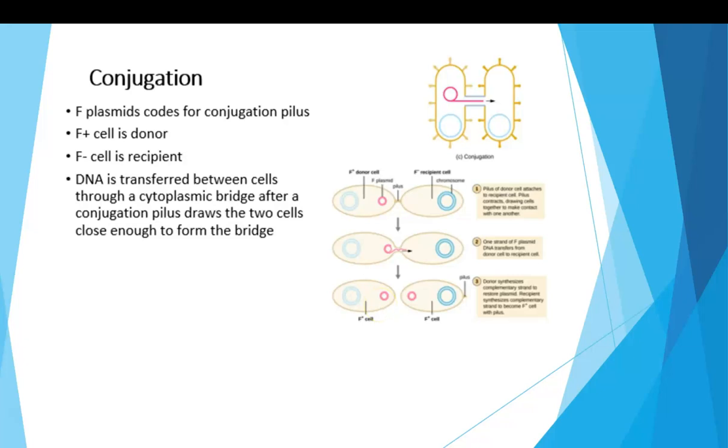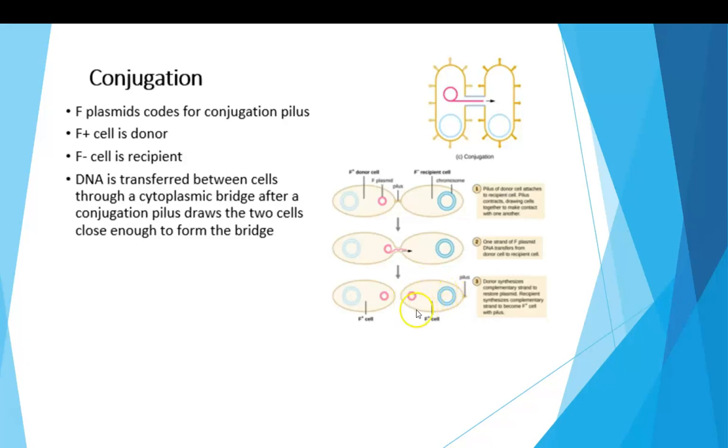This is actually very important in the antibiotic resistance process. Imagine that one bacteria has a plasmid that carries the antibiotic resistance genes. Then through conjugation, it's going to introduce this genetic information to another bacteria.